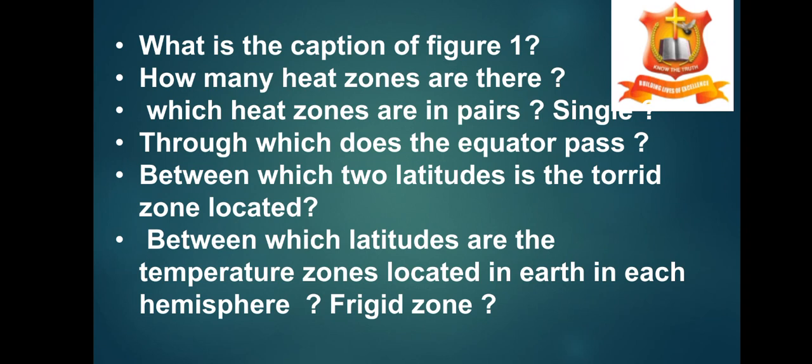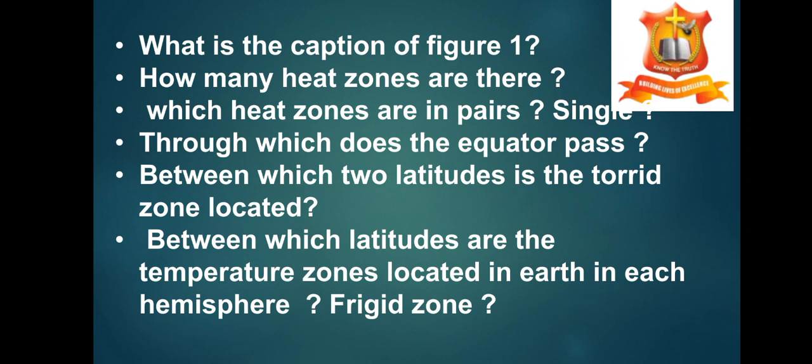In the northern hemisphere, the temperate zone lies between the Tropic of Cancer and the Arctic Circle. And in the southern hemisphere, it lies between the Tropic of Capricorn and Antarctic Circle. Got it? The frigid zones are located between the Arctic Circle and the North Pole, and the Antarctic Circle and the South Pole, respectively.